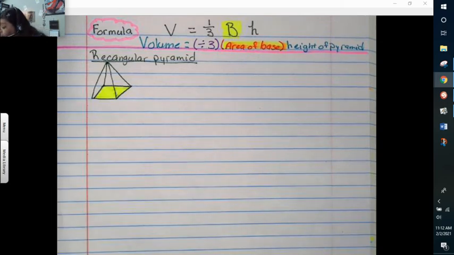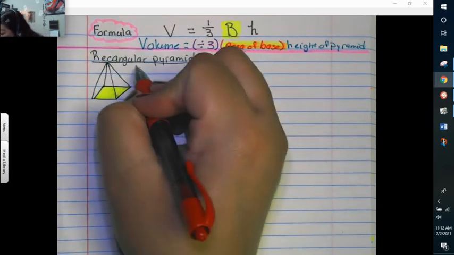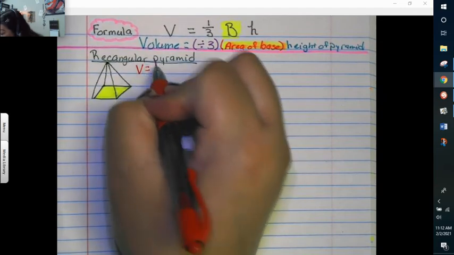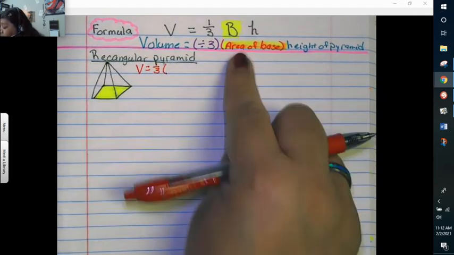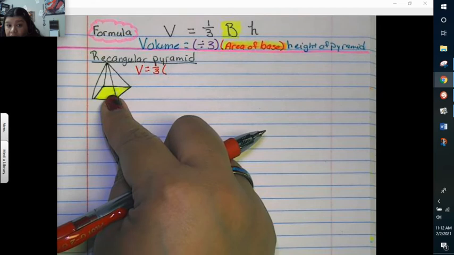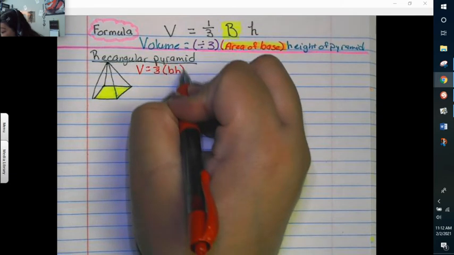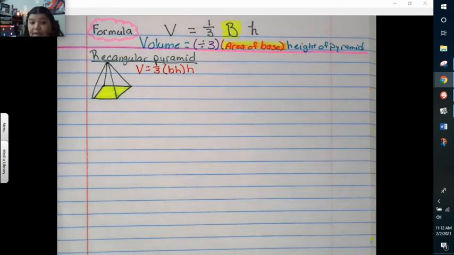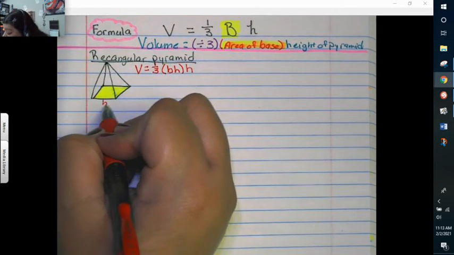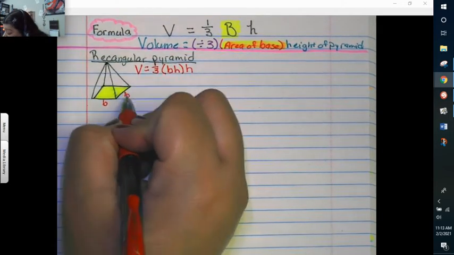Now, the formula for this one is going to be V equals 1/3. Now, the area of a rectangle, or a square, is just base times height, and then the height of the actual pyramid itself, okay? So we're doing base times height, times height.